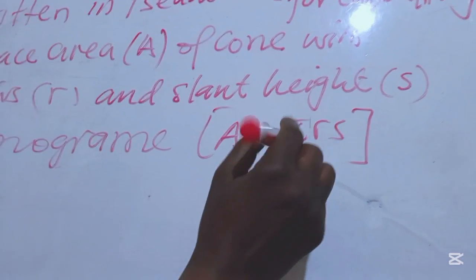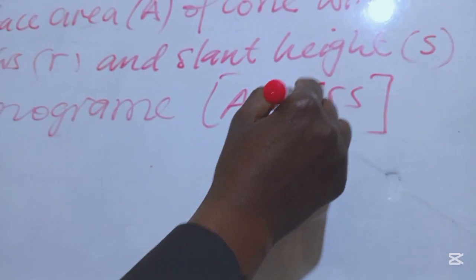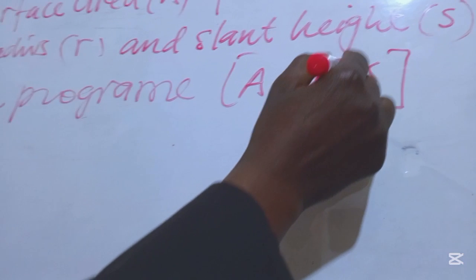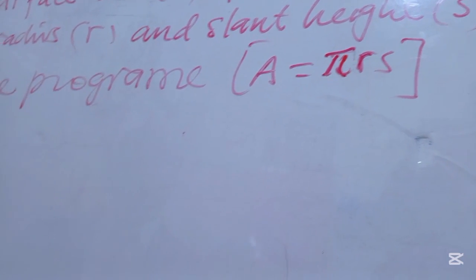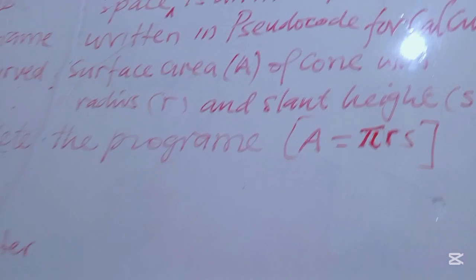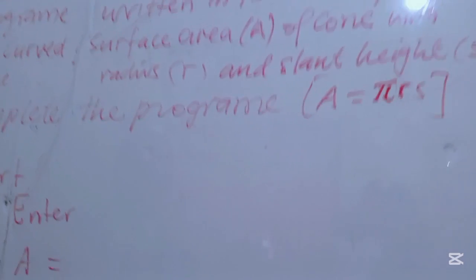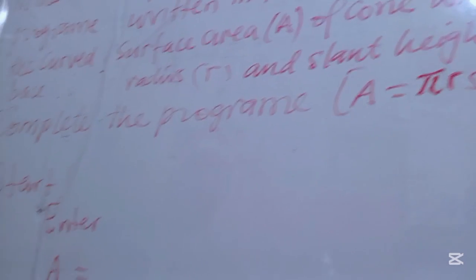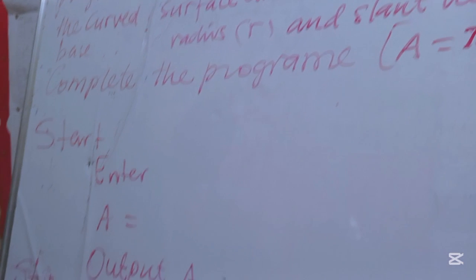You were lucky that you were given the formula on how to find the curved surface area of a cone. You were given, which is very okay. But in an event that you are not given, please, you should master this, should know it.